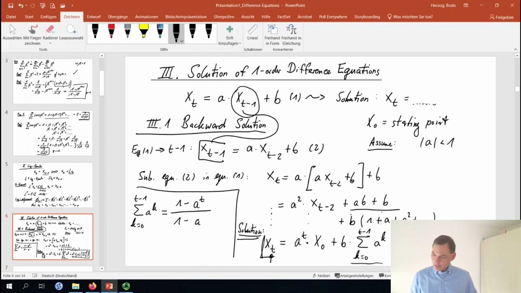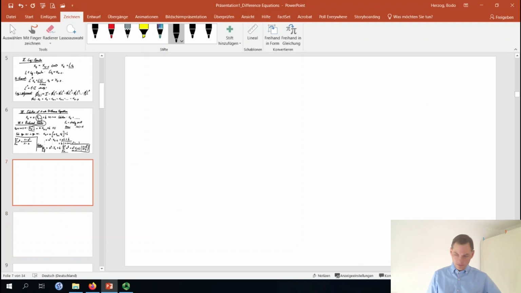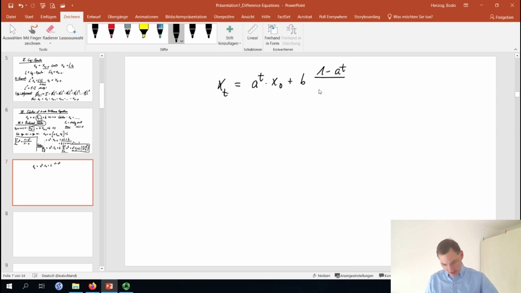There are some interesting parts I want to briefly talk about in this solution, because I can rewrite this solution in the following form. So let me just write it again. It's x of t equals a to the power of t times x0 plus b times 1 minus a to the t, over 1 minus a. Well, look, I have an a to the t here and an a to the t here.